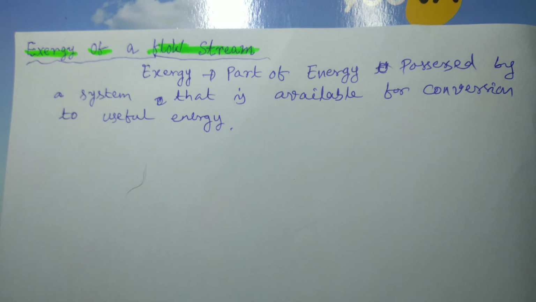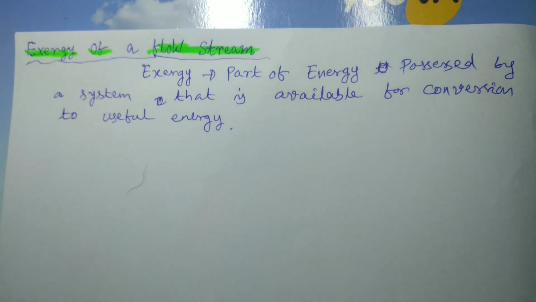So in the last class, I derived an expression for exergy of a closed system. So if we want to find the exergy of an open system, first we have to know what is the additional energy that is contained in an open system or flow stream in comparison with the closed system.